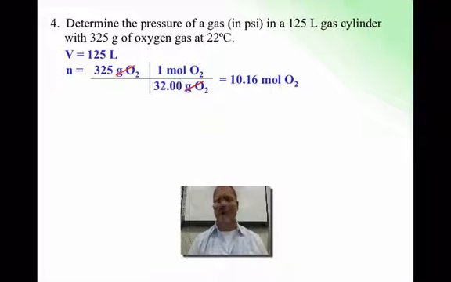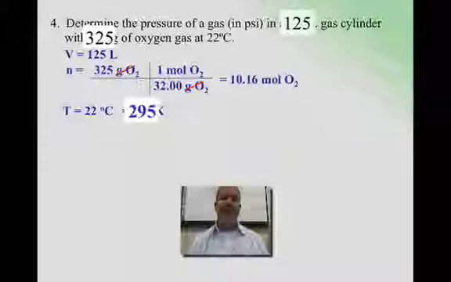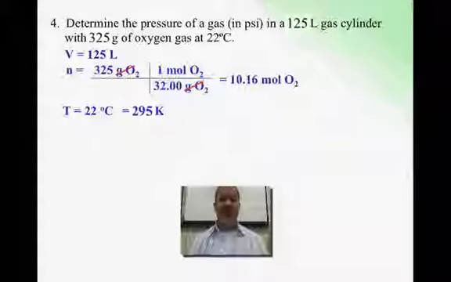I'm not worried about sig figs at this point, because I know my 325 initially had 3 sig figs. My 125 volume has 3 sig figs, so I'm looking at 3 sig figs right now. The next piece of information I know is my temperature, 22 degrees Celsius. There are no digits after the decimal, so I'm just adding 273, so it's plain and simple 295 Kelvin. 3 sig figs in my Kelvin. So right now my answer is going to have 3 sig figs.